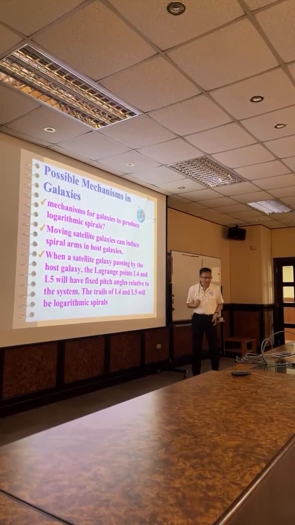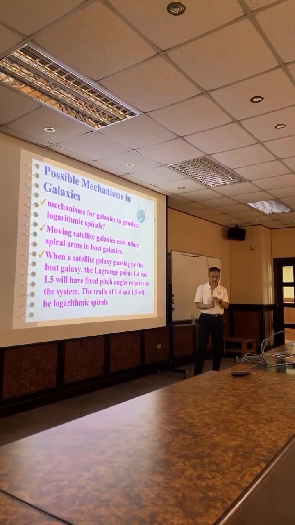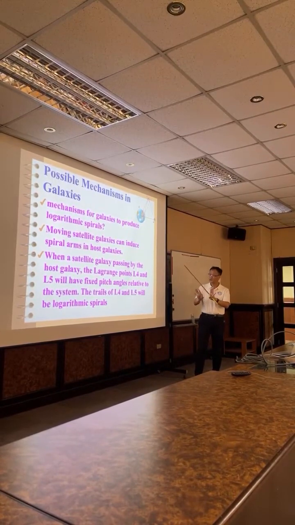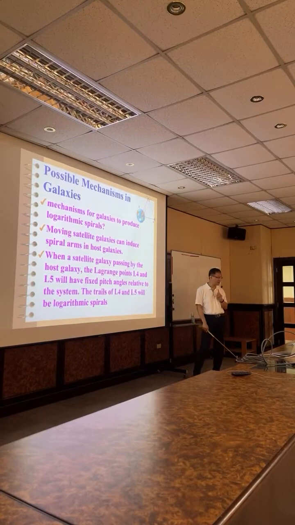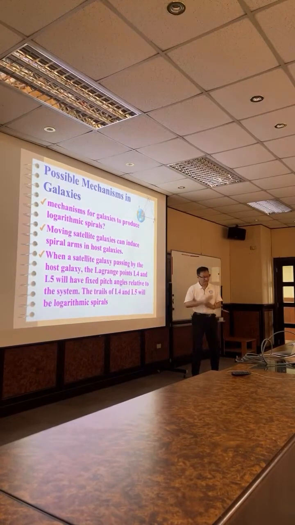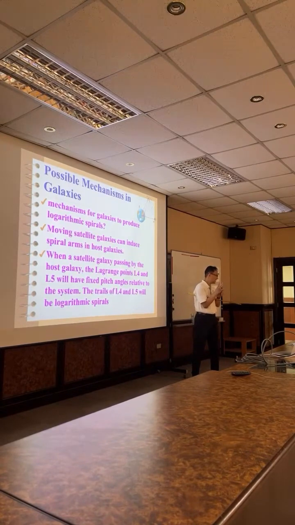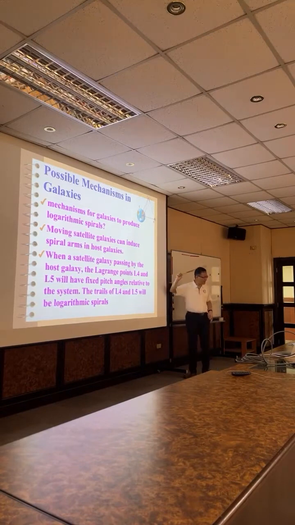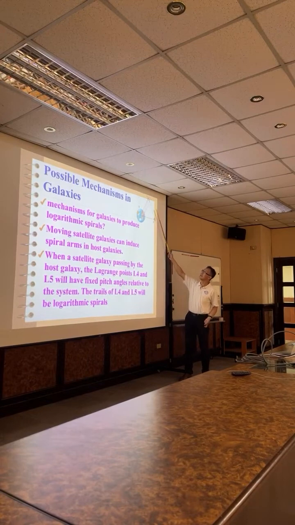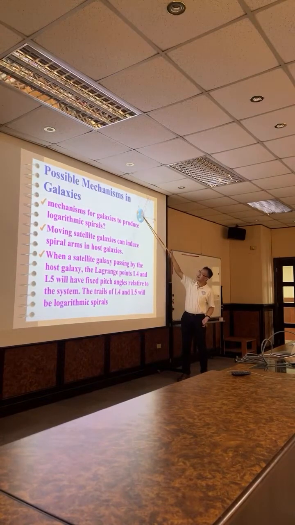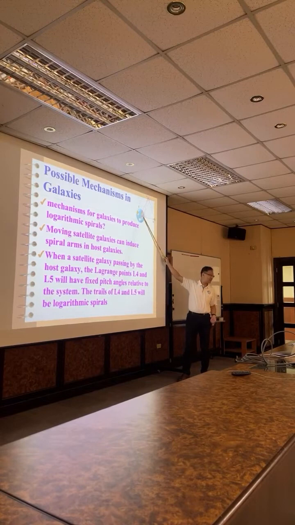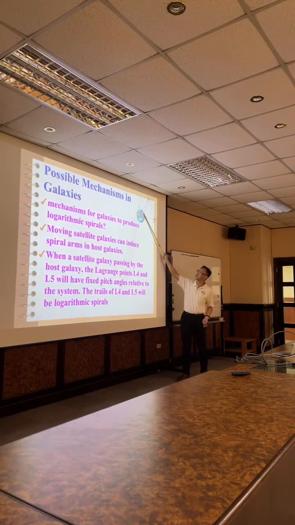Let's think about when the satellite galaxy passes through the host galaxy: the relative points L4 and L5 will have a fixed pitch angle relative to the center. People will be more familiar with L4 and L5, right? Relative to their center, this angle will be fixed.